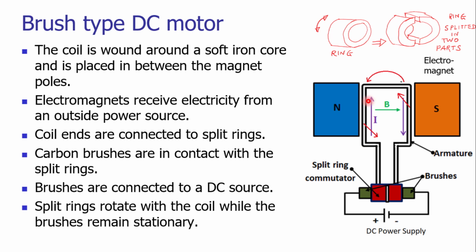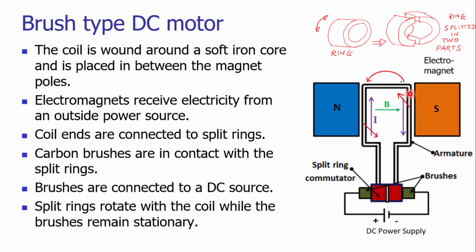When this portion, due to the magnetic field, is pushed in the downward direction, it will come near the south pole. But due to this split ring arrangement, there is a change in polarity, and that change in polarity will push this element in the anti-clockwise direction.